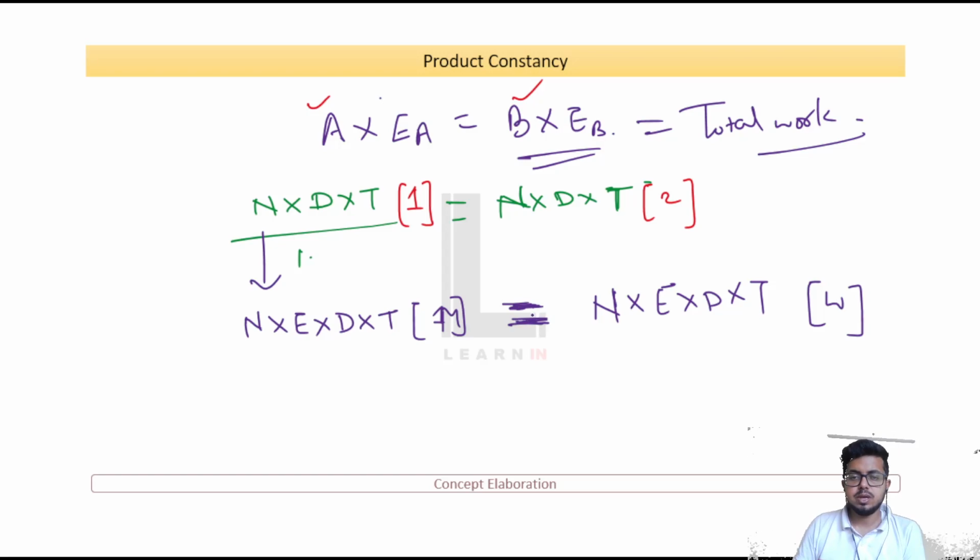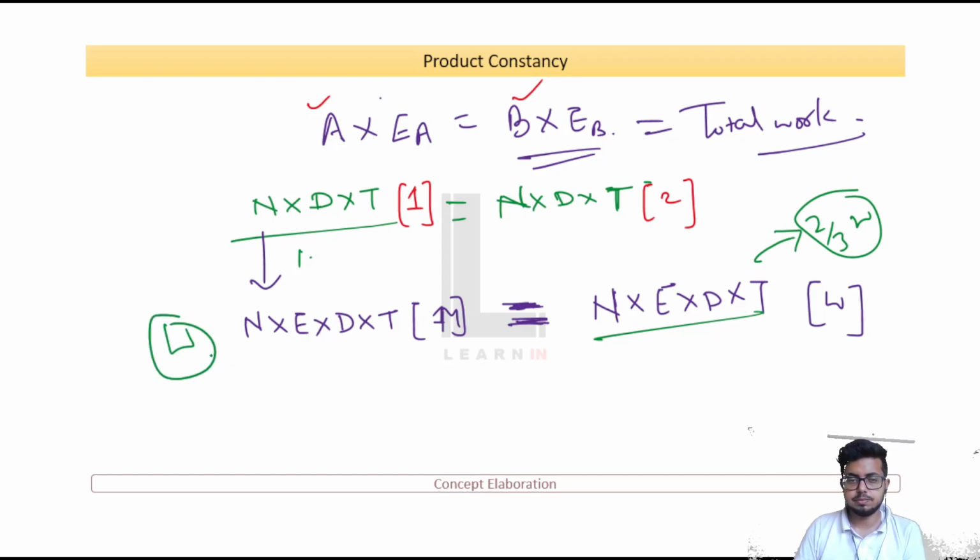Now, if the work changed, what would we do? Let us say that these people were doing 2 upon 3 of the work, and these people did the whole work. So what would we do?